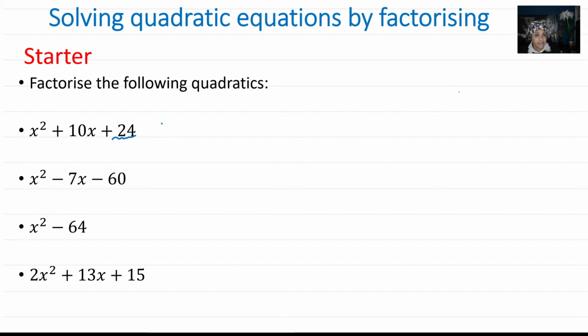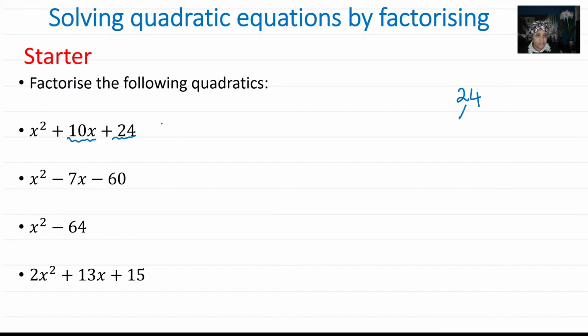So you take that 24 and then you also look at the number in the middle, the one with the x only, not the x squared at the moment. And then you ask yourself, what factors of 24 will add or subtract to give you 10? So two numbers that make 24, but when you add or subtract will give you 10.